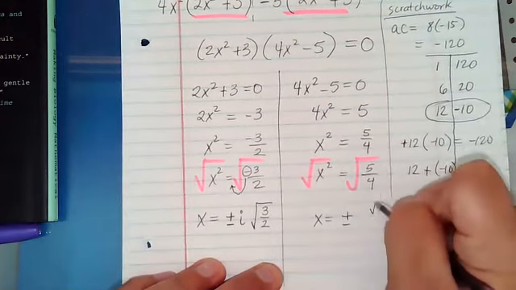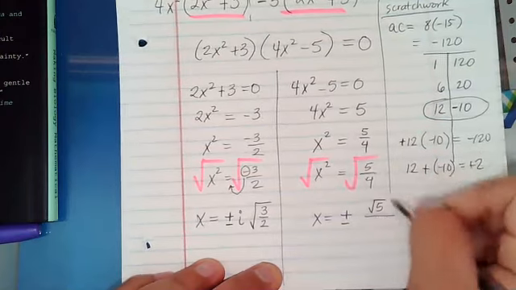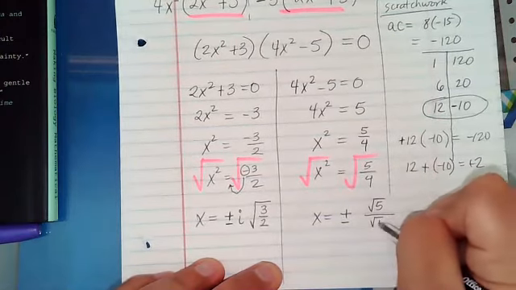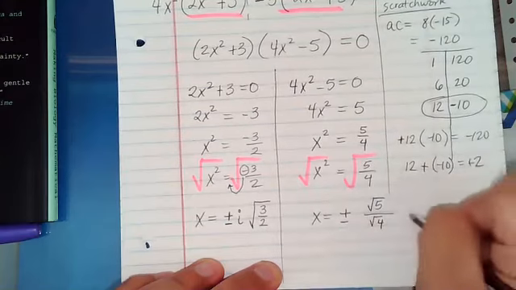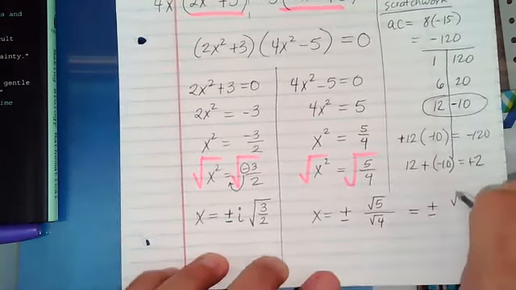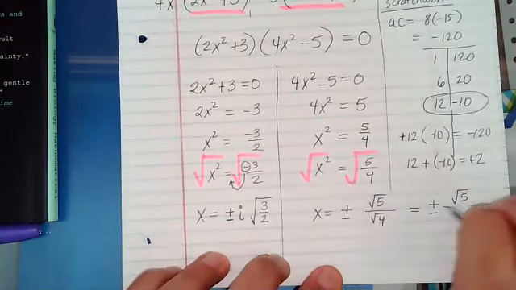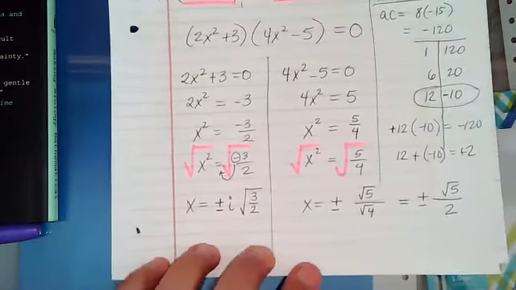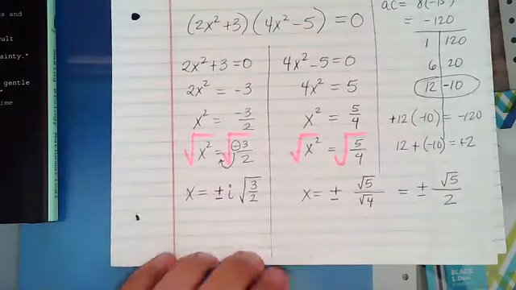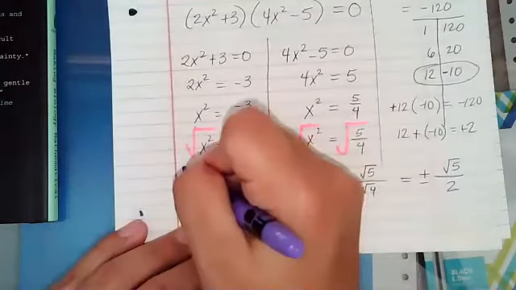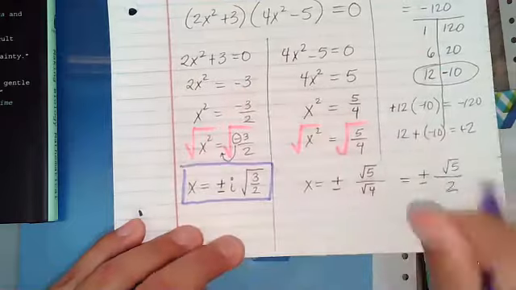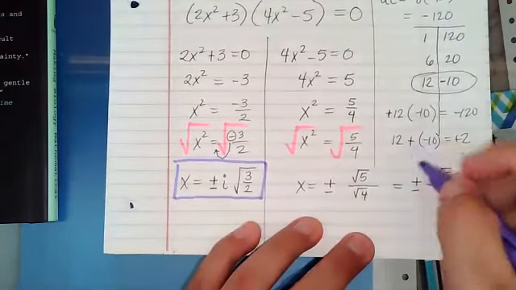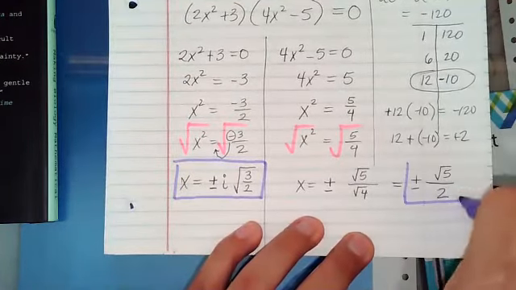So you could write this as the square root of 5 over the square root of 4, which would be plus or minus the square root of 5, which does not simplify, over 2, since the square root of 4 is just 2. So you have two solutions here.